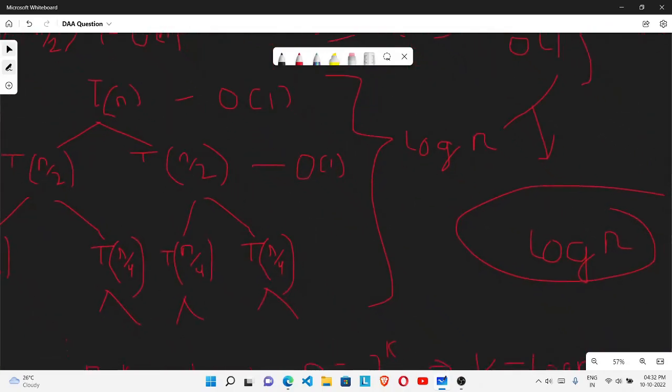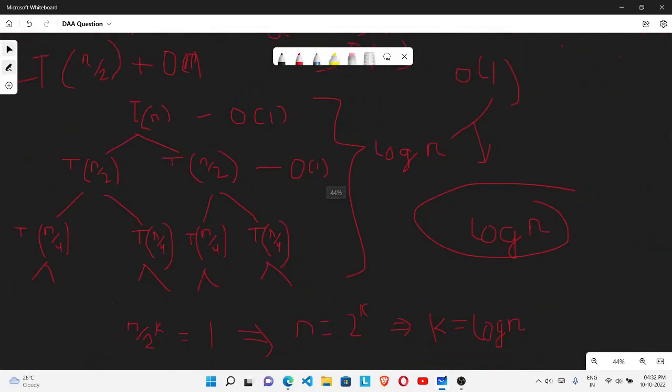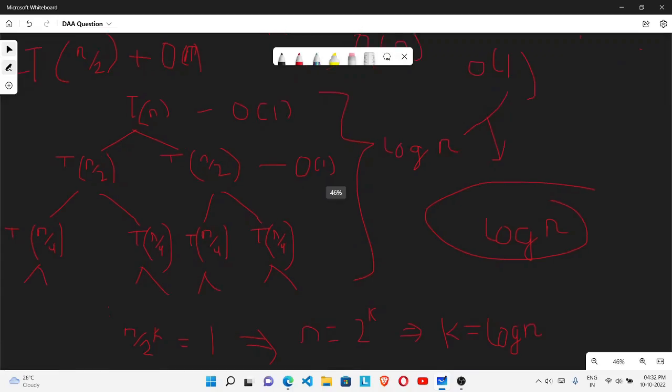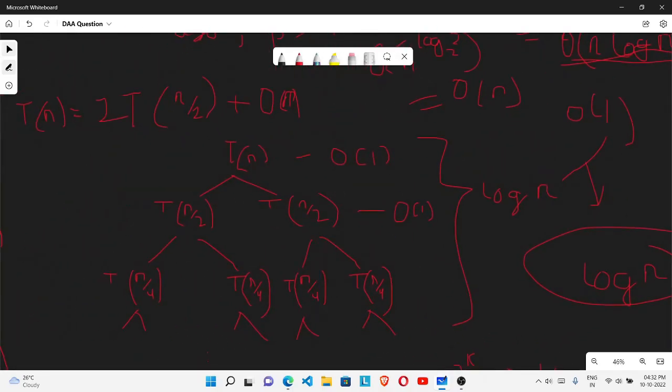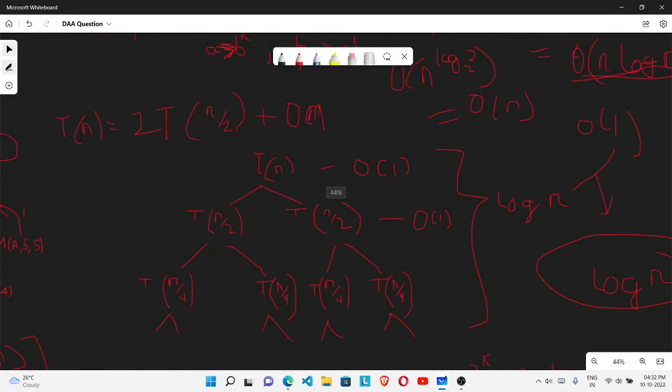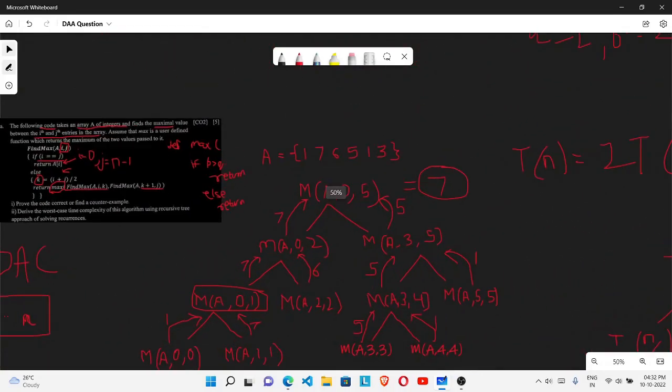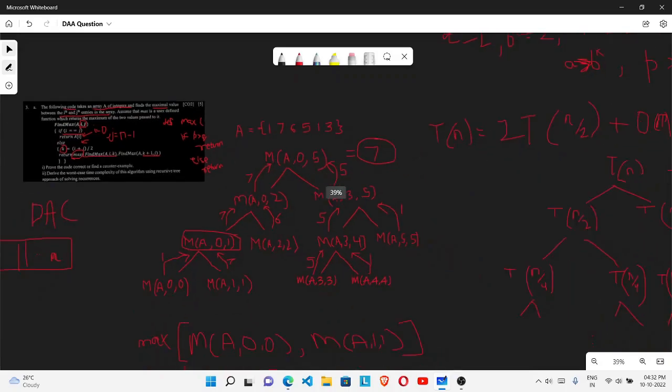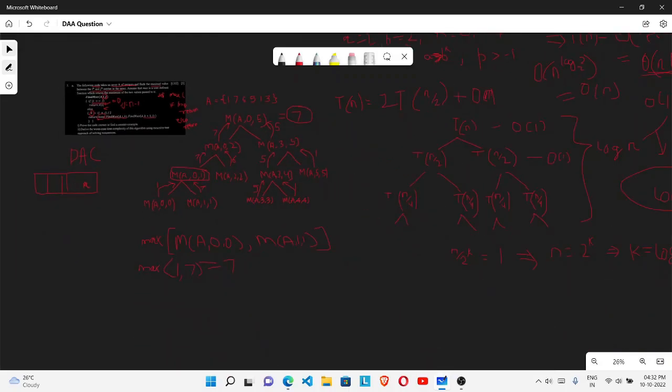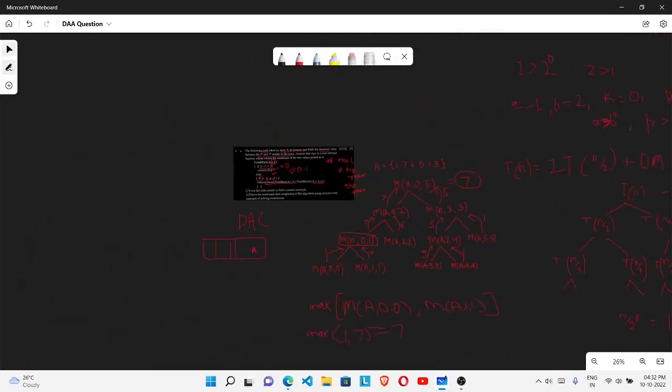I might have made an error in this, not master theorem, the recurrence theorem. Because you can't find a maximum element without accessing every element. Logarithmic time would just access half the elements, right? If you are accessing all the n elements, that will take n complexity. So logically, the complexity should be higher than or equal to n.